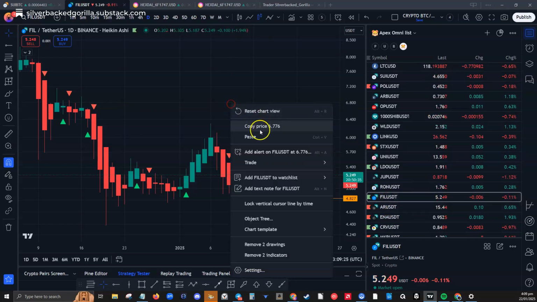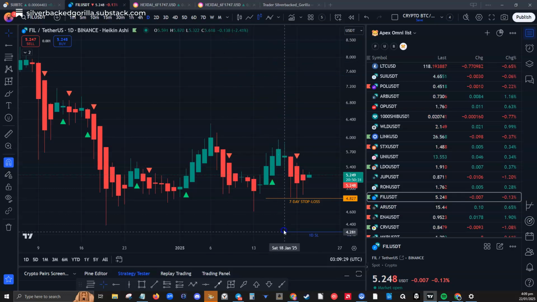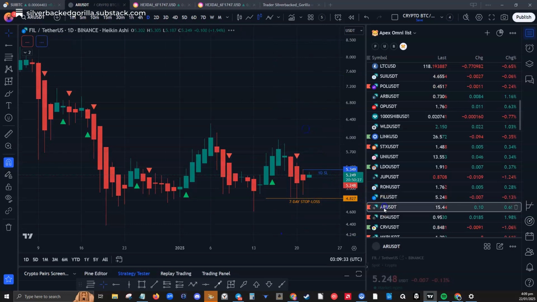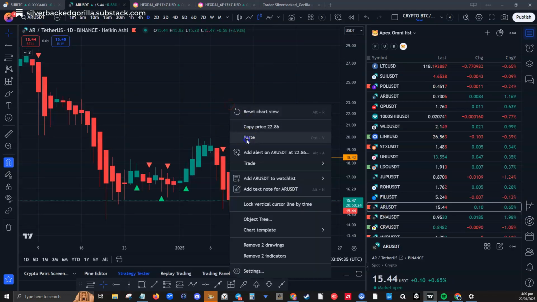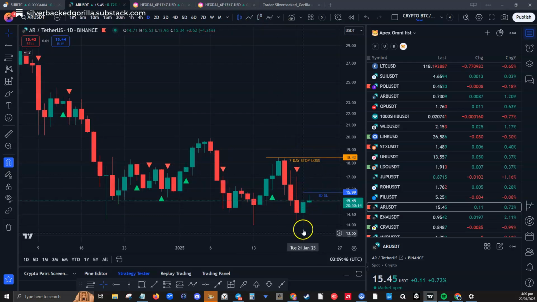Okay, so Filecoin weekly bullish, daily not bullish. So let's get rid of that. AR is bearish on the weekly, bearish on the daily. Bearish signal indicator, EMA. Yeah, that's very bearish.